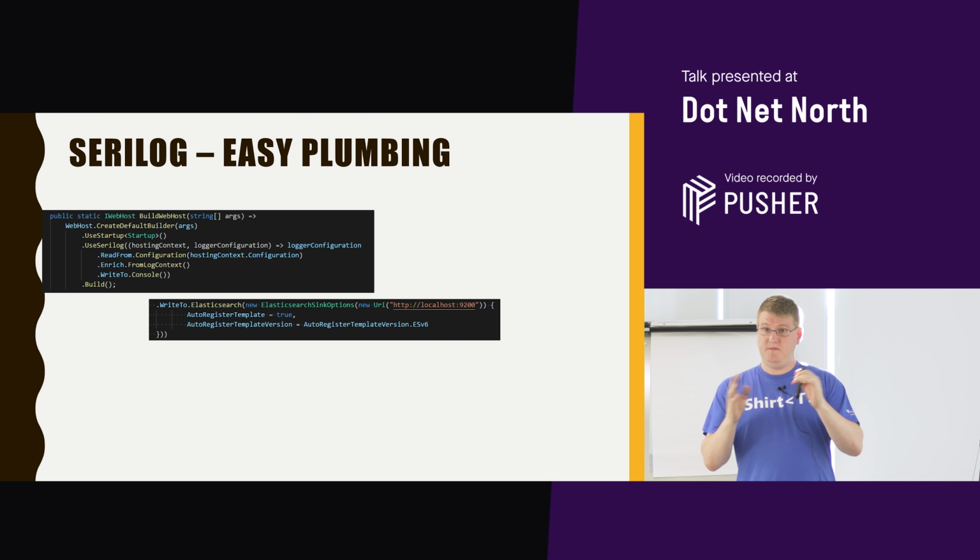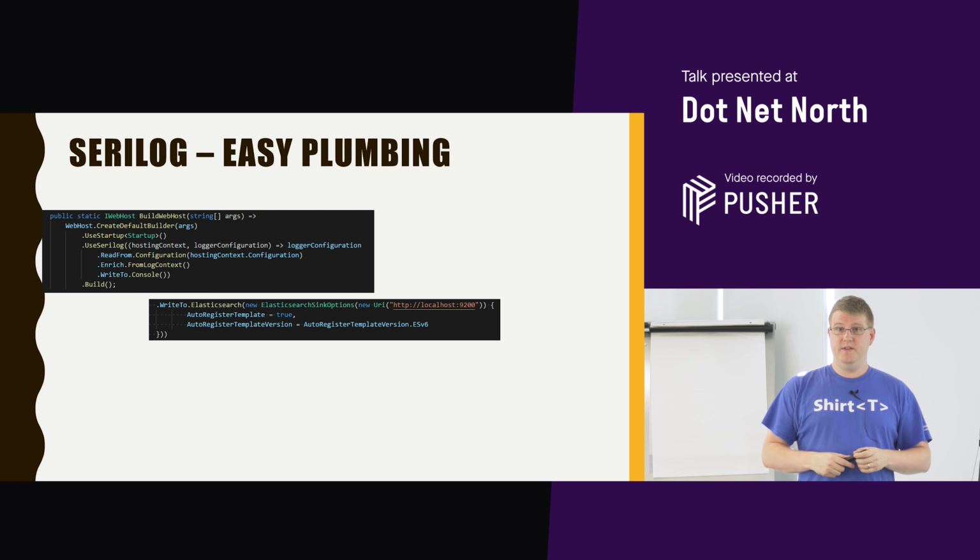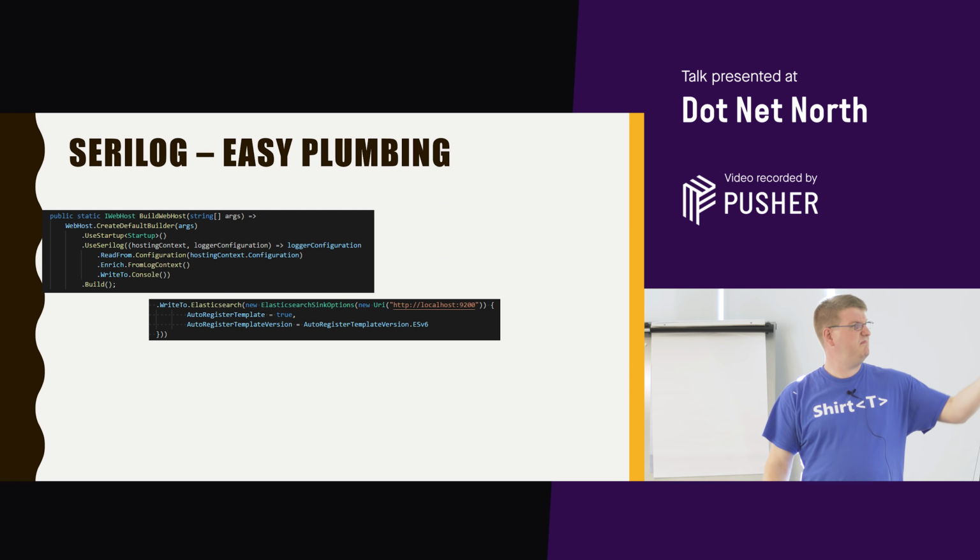Very similar to the way that the IMetrics stuff and AppMetrics work, when you want to write to a different data source, it's just an extension fluent method like that. You can just say, write to Elasticsearch, write to my local file system, write to the console, write to Datadog, write to NLog, write to Elmah. You can actually do as many as you want. If you really wanted to, you could send it off to 5 or 6 different sources.